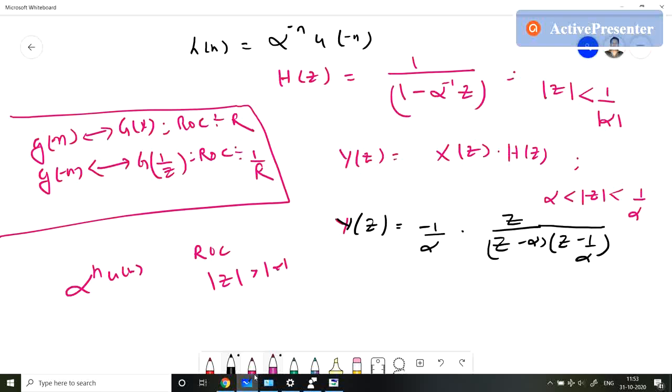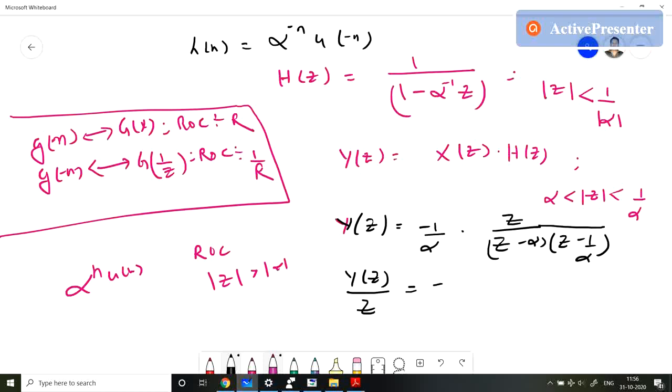Now we can find Y(z) divided by z. This z will cancel out.